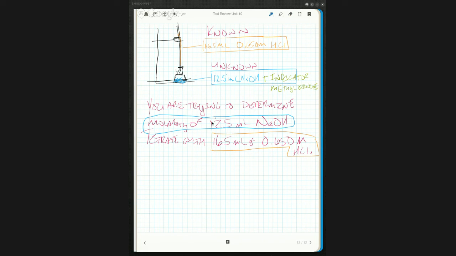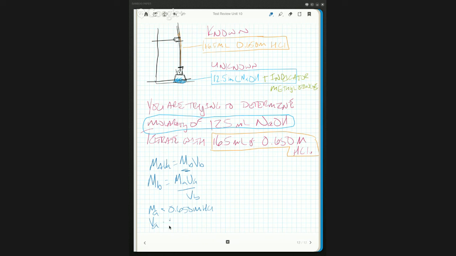We're looking for the NaOH. MAVA equals MBVB. We're looking for the molarity of the base. Molarity of the base is equal to MAVA over VB. Okay. MA is equal to 0.650 molar HCl.